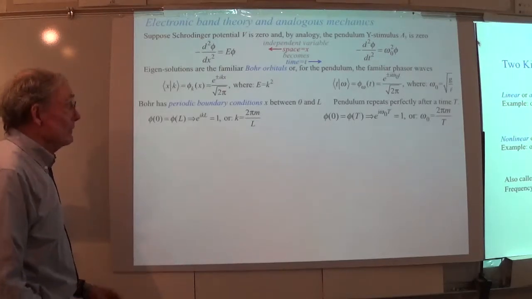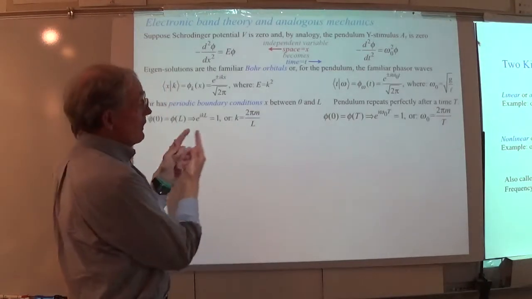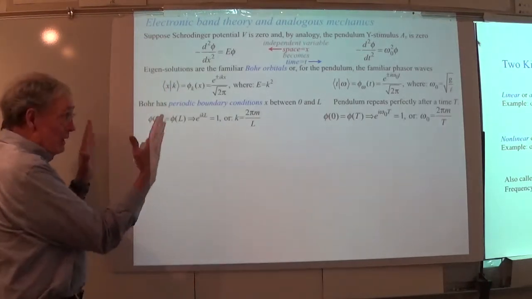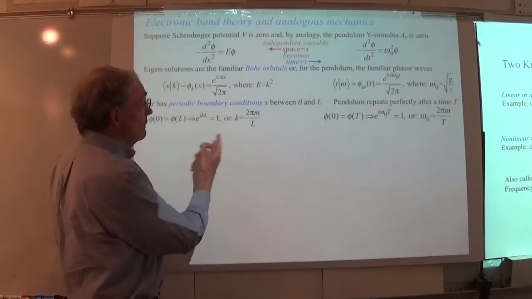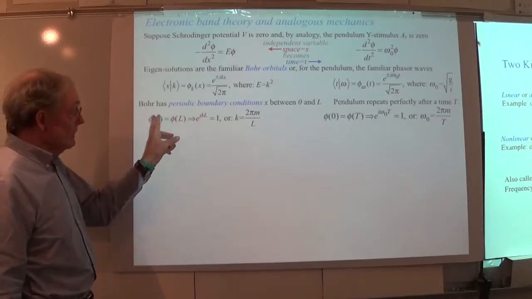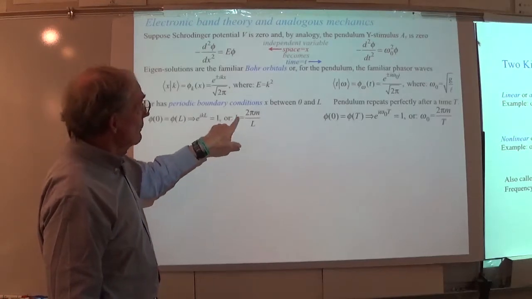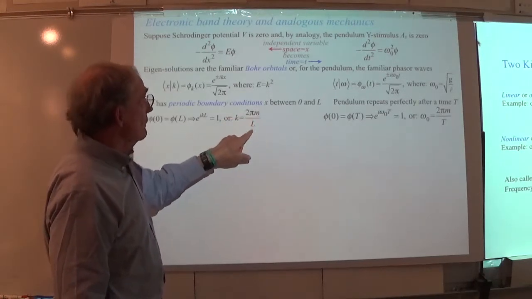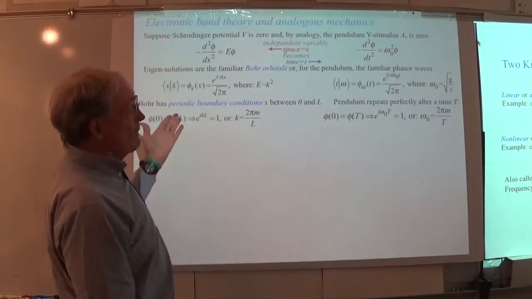And we also have periodic boundary conditions, say between 0 and L, which would be the circumference of the ring, or just the size of a box. I prefer the ring because I want to be able to have moving waves. And e to the ikL would be the wave function that had to be 1 after you've gone a full loop, with k equal to 2 pi times an integer over L. So these are the equations that you should be familiar with just from sophomore quantum mechanics.